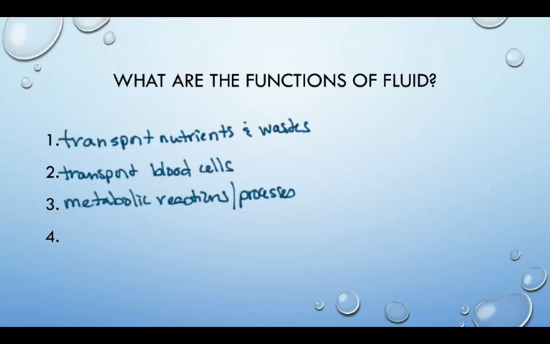Let's see. Do you sweat when you get hot? Yes, you do. Fluid that moves around the body in blood from the core of your body to the outside helps keep you warm and keeps you cool. So temperature regulation is also a very important function of fluid. So those are four functions of fluid. There's other functions.